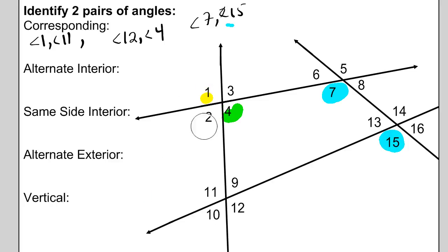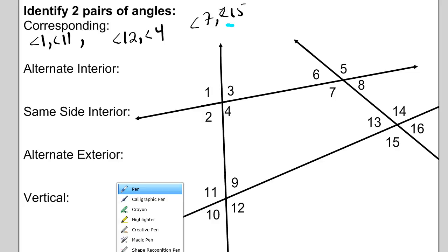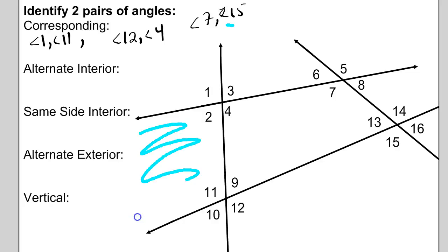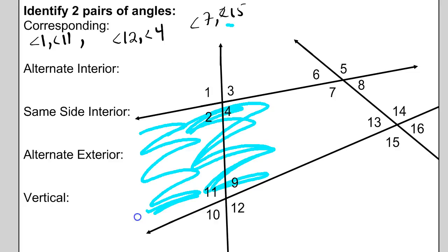All right. Let's talk alternate interior angles. Alternate interior angles are on the inside of my lines. So alternate interior are going to be in this region. This is the inside, on opposite sides of the transversal. So alternate interior, it looks like 11 and 4.